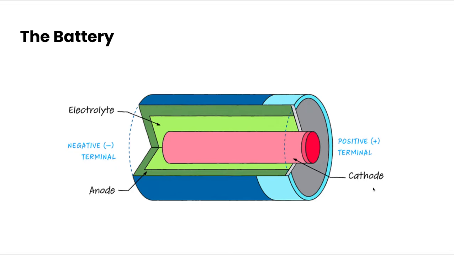We call the positive end the cathode, and we call the negative end the anode. It doesn't really matter about the terminology, but those are the terms if you're interested. Those two electrodes are connected to each other in a solution we call an electrolyte.